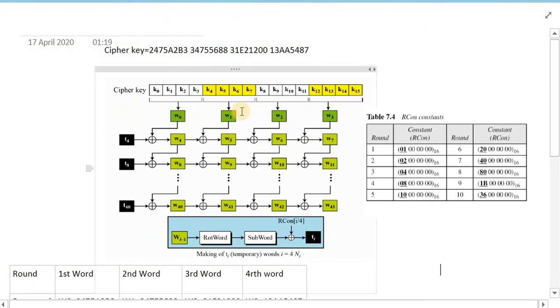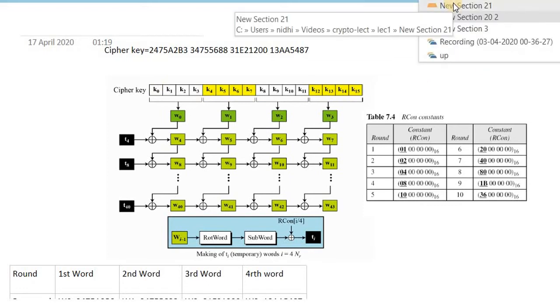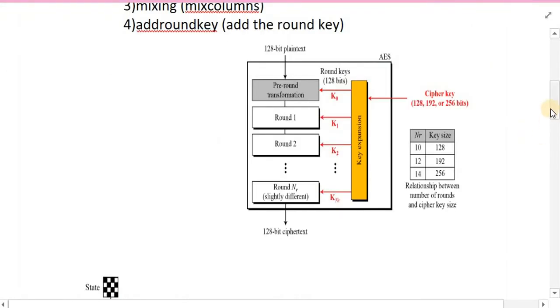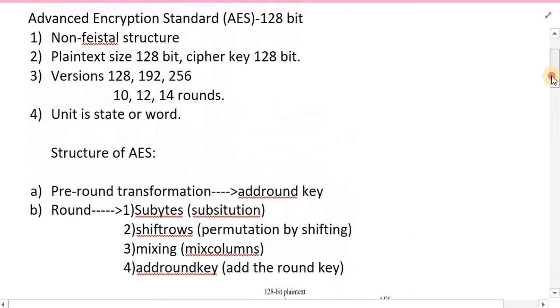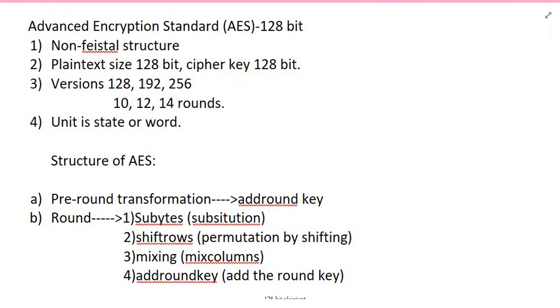Just understand the diagram. Our cipher key is 128 bit long. You can see here that my plain text is 128 bit, and my cipher key is also 128 bit. Like the plain text, which we convert into the form of bytes as well as states, we can also convert our cipher key into bytes as well as a state, following the same procedure.